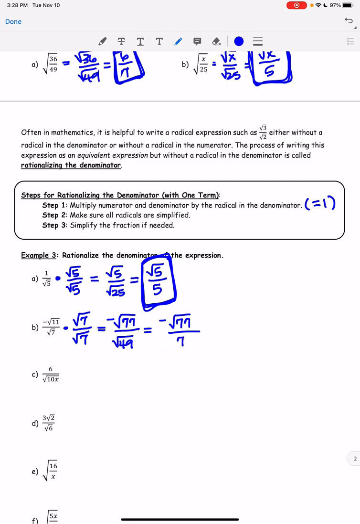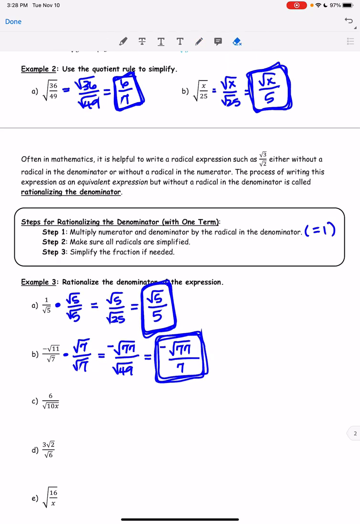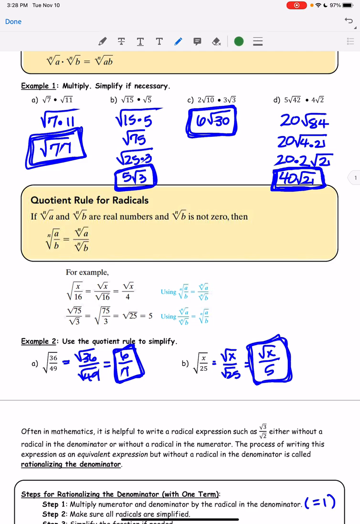So before we go on, I want you to make sure you notice two different things here. Notice first off, I have a 5 and a 5 in the bottom and top of this fraction here. So first thing, I can't simplify that. Just like up here, where we multiplied the outside with the outside, then the inside with the inside, same thing here.